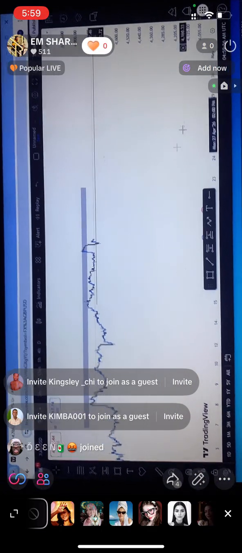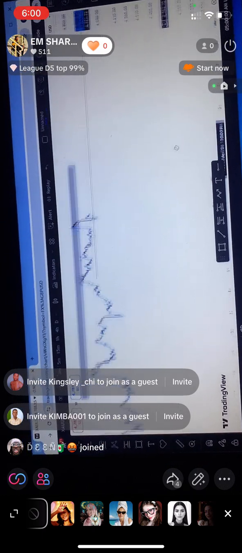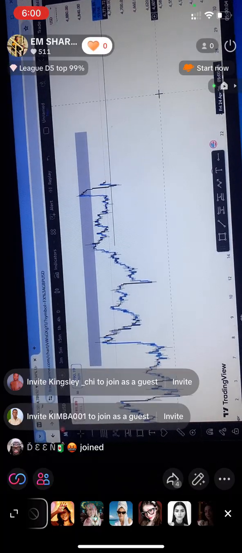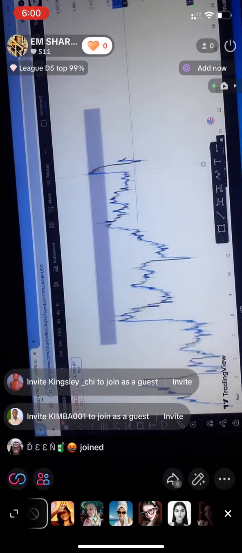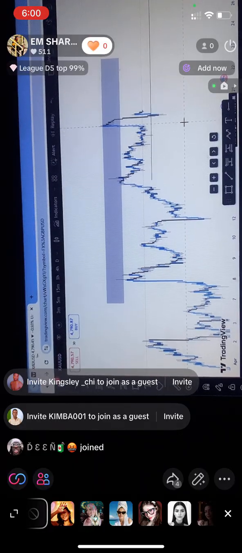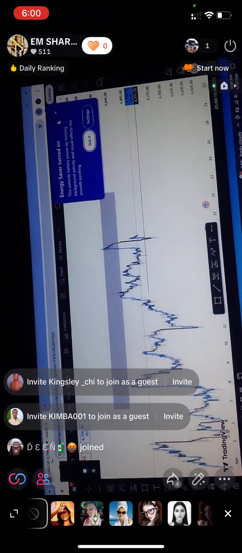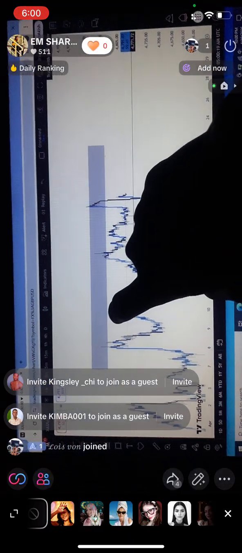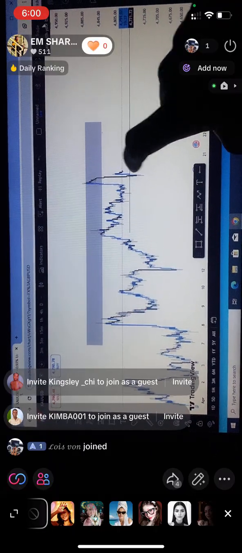Remember what I told you about the market. On XAUSD, I'm expecting that once the market breaks this low completely, or this high, it will continue its bearish structure.